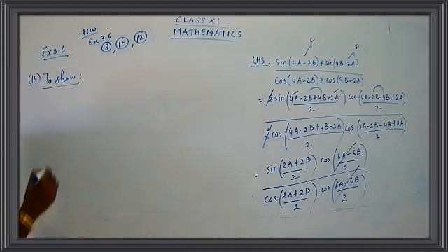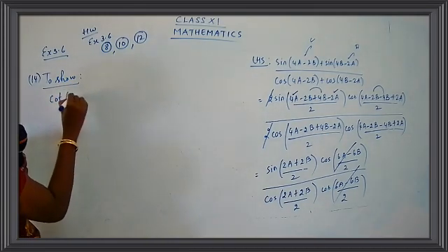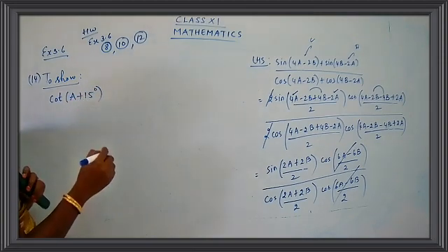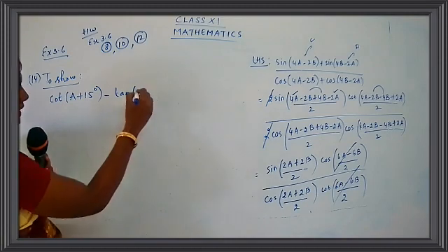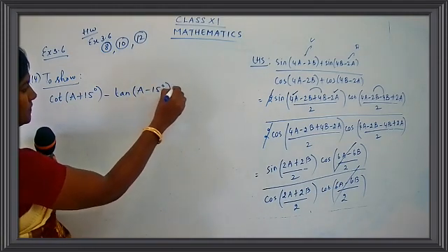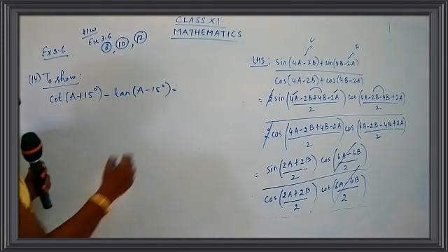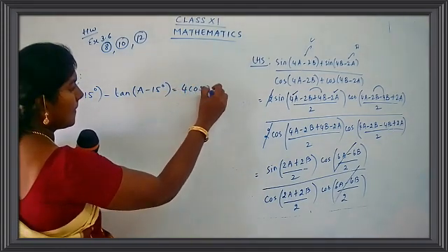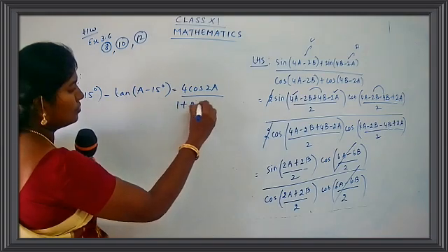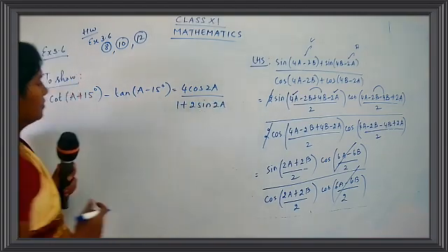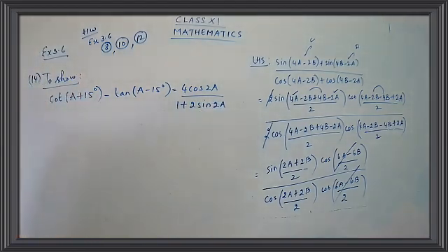To show: cot of (a plus 15 degree) minus tan of (a minus 15 degree) is equal to 4 cos 2a upon 1 plus sin 2a. So what you have: cot of (a plus 15 degree) minus tan of (a minus 15 degree) is equal to 4 cos 2a upon 1 plus sin 2a.